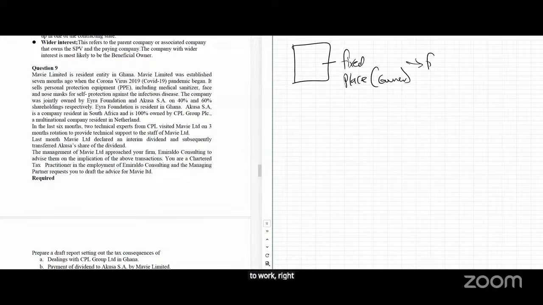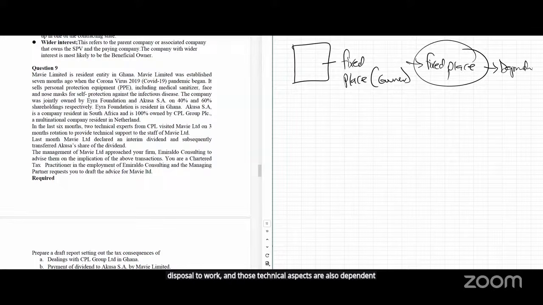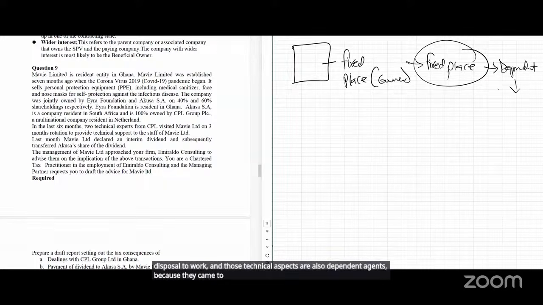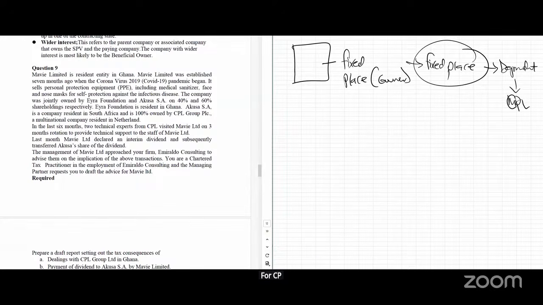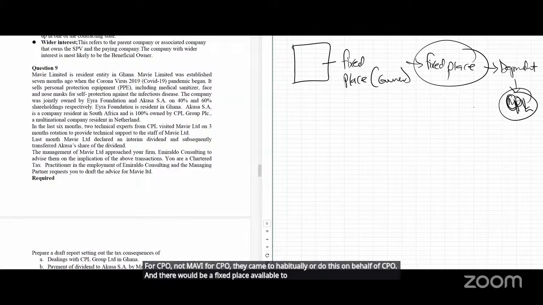So there will be a fixed place at the disposal of those technical experts, and those technical experts are also dependent agents because they came to do activity for CPL, not Mavi. They came to habitually act on behalf of CPL, and there would be a fixed place available to them. So it creates a PE. That's from the OECD perspective.